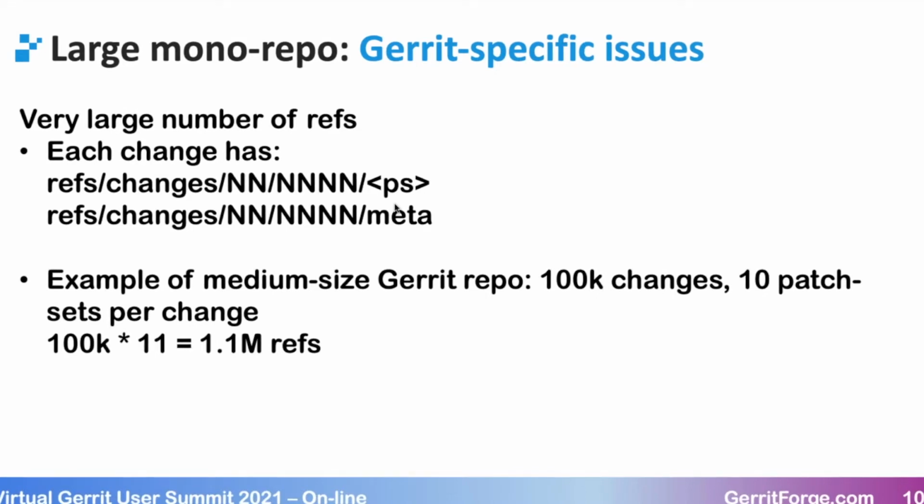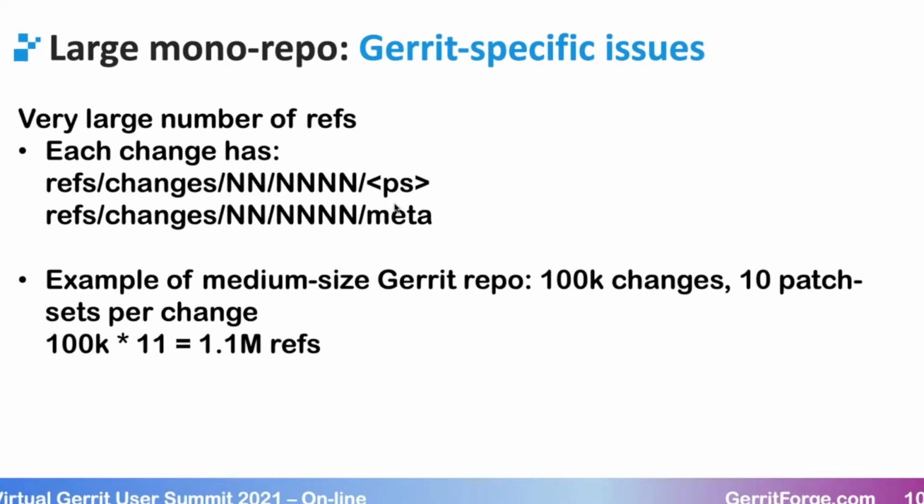So we had 100 patch sets or even more. If you think about 100,000 changes and 10 patch sets, these will generate 100,000 multiplied by 11, because it has 11 refs: the patch sets plus the meta ref, and the result is 1.1 million refs. Okay, so this looks like a big number indeed.